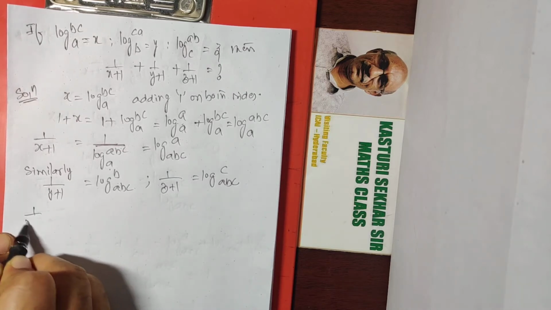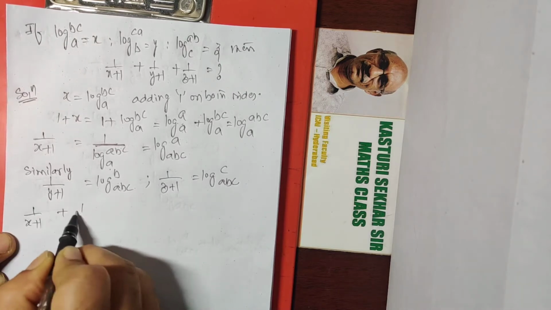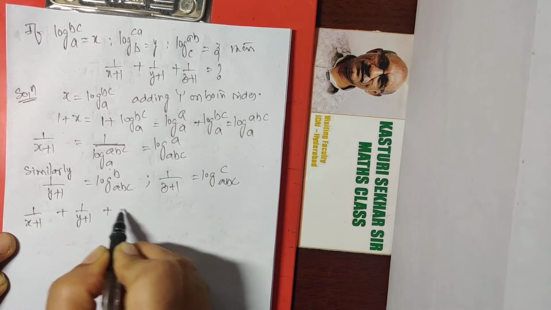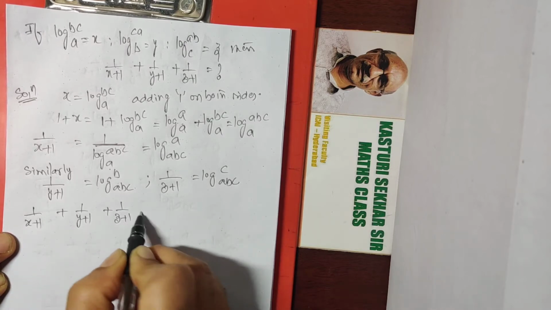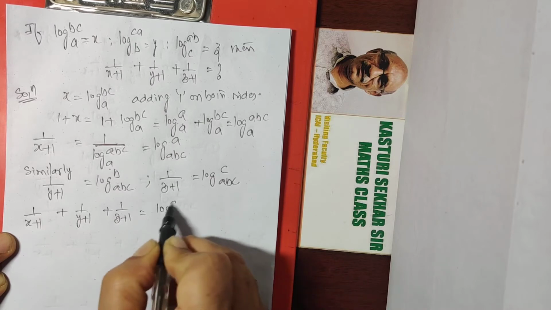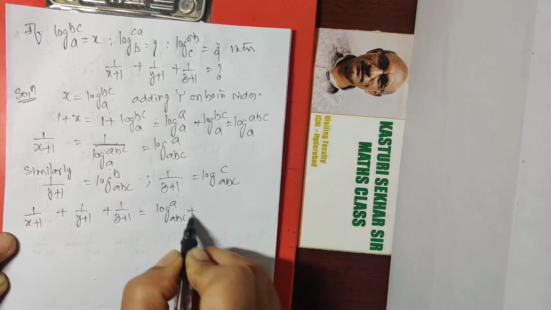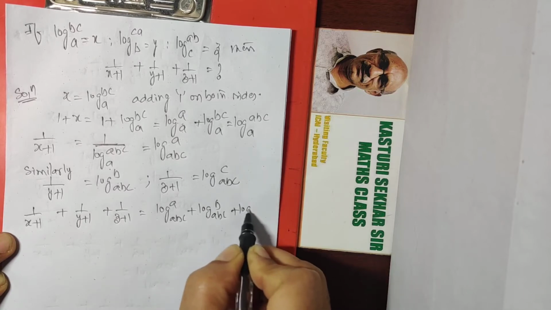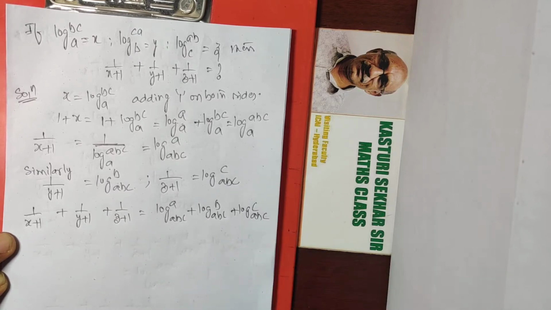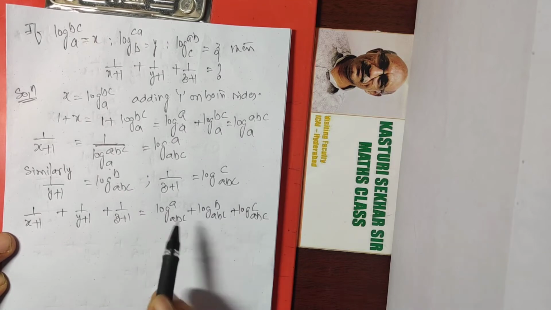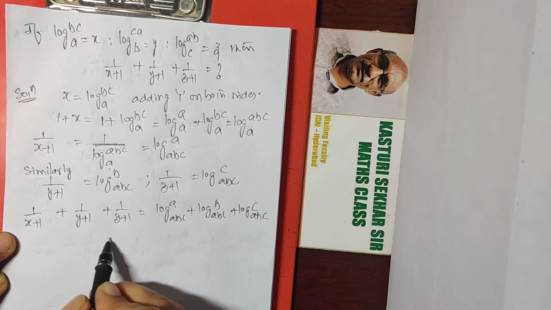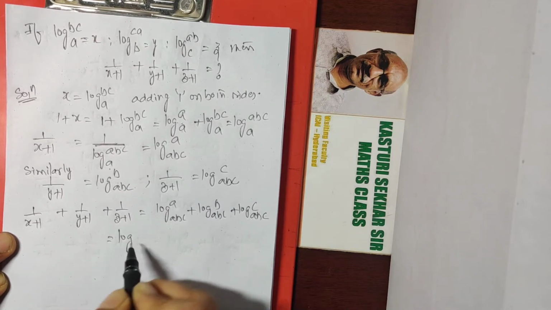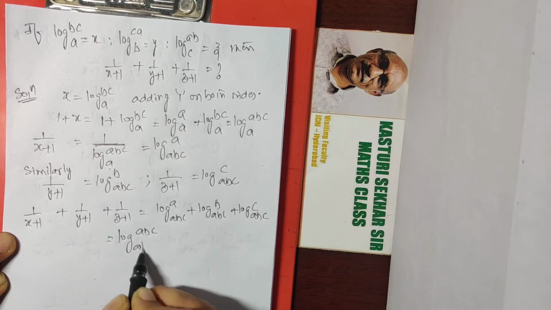Now sir, 1 by x plus 1 plus 1 by y plus 1 plus 1 by z plus 1 is equal to log A to the base ABC plus log B to the base ABC plus log C to the base ABC. Now this is log A plus log B plus log C, which can be written as log ABC to the base ABC.